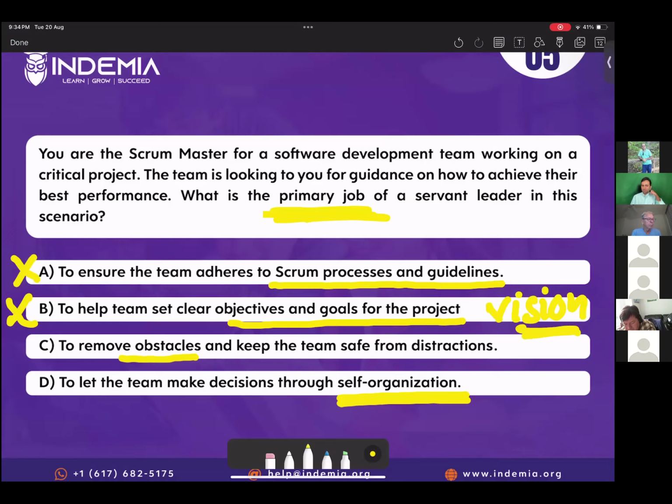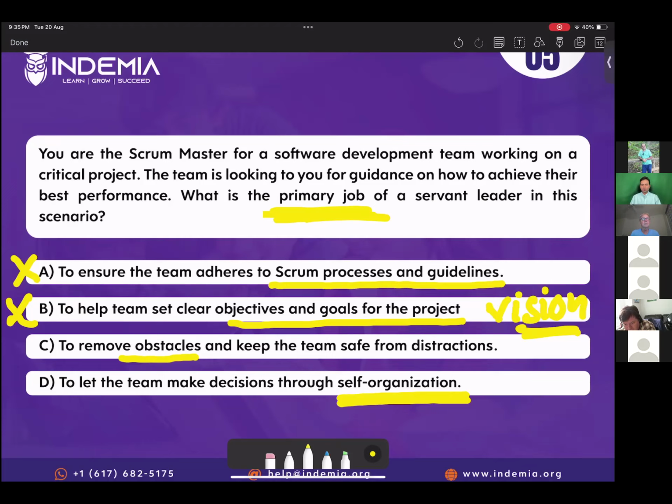Now C and D. C is to remove obstacles and keep the team safe from distraction. And D is to let the team make decisions through self-organization. Now, D seems like a very attractive option, but if we carefully read, it means the servant leader has nothing to do, right? The servant leader just lets the team do whatever they want to do.